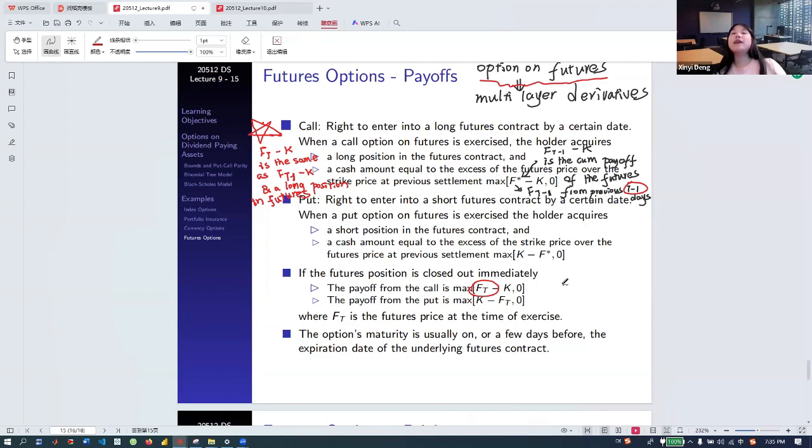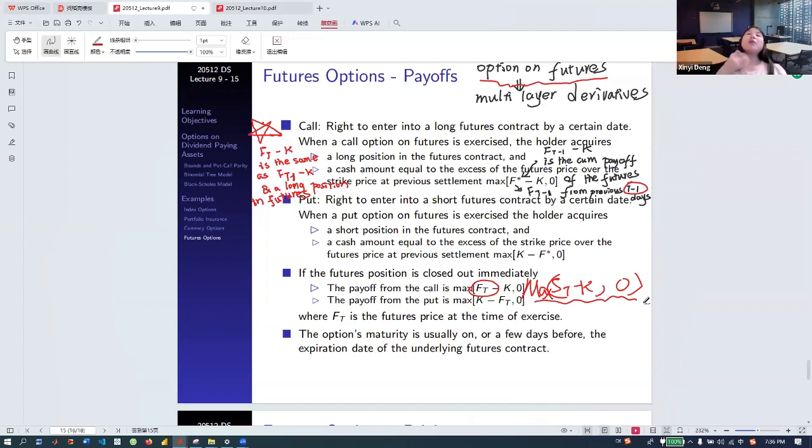Recall that the payoff from a call option was the greater of S_T minus K or 0. That's a call option on a regular underlying asset. Now for this futures option, since the underlying asset is futures, we just replace S_T with F_T.